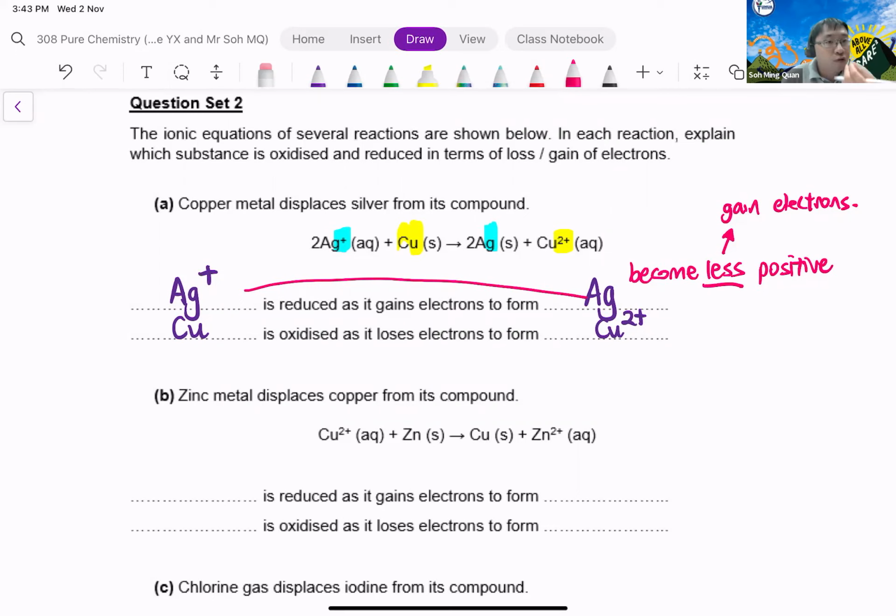So in a covalent molecule, there are no charges, there are no ions to talk about. Does it mean that if it's a covalent molecule, it will not undergo redox reactions? Well, that's not true, right? If you think back, I mentioned that oxidation includes things like combustion.